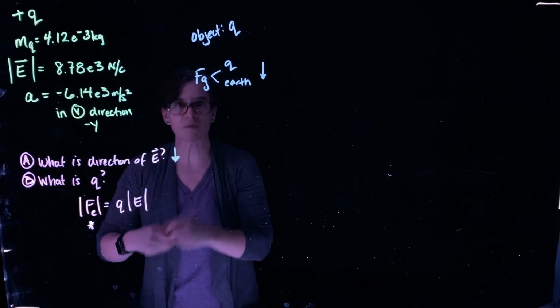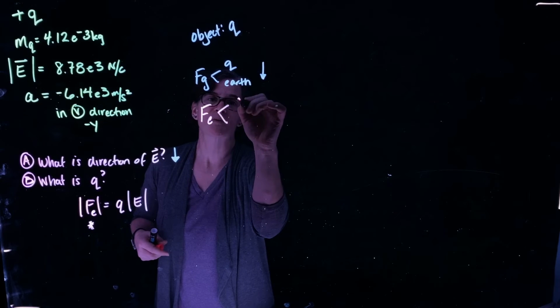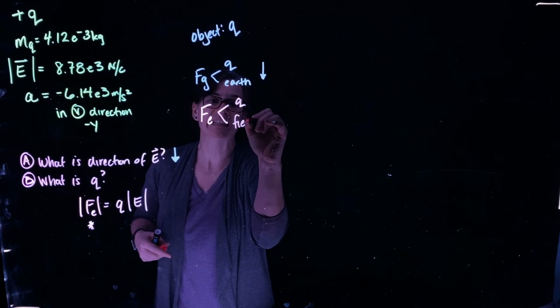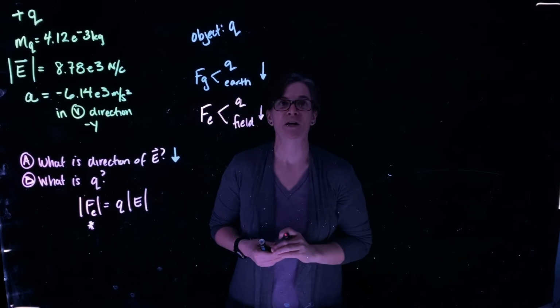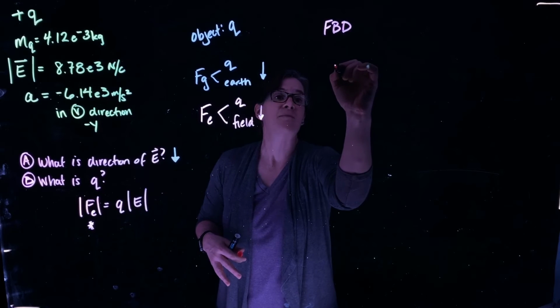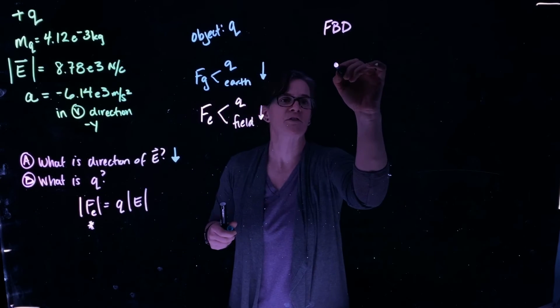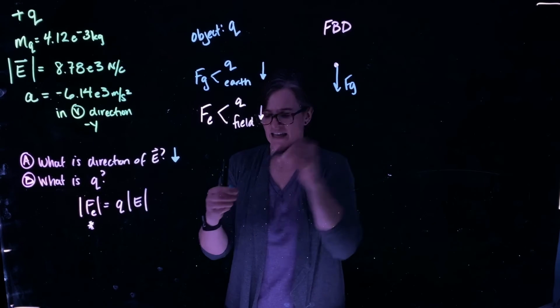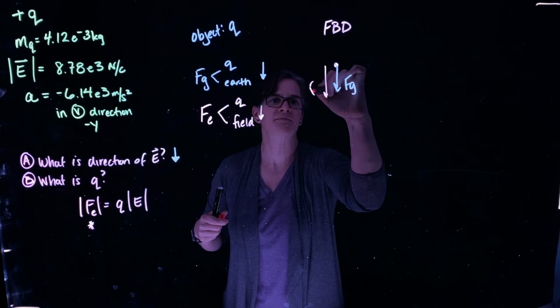And we also know that there is an electric force between particle Q and the field, and that too is in the downward direction. So if I draw a free body diagram of my object, I have the force of gravity and I have the electric force.